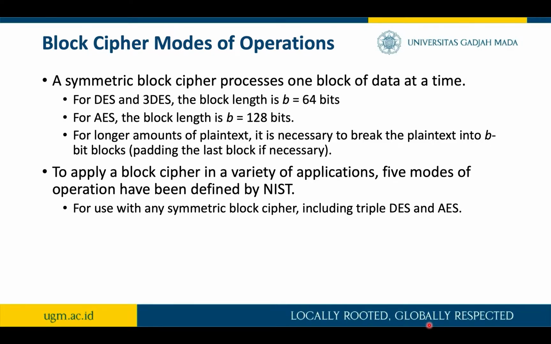Here, the algorithm can be triple DES or AES. Both are considered secure, but if you want the most secure one, then you need to choose AES as the algorithm for the block cipher.